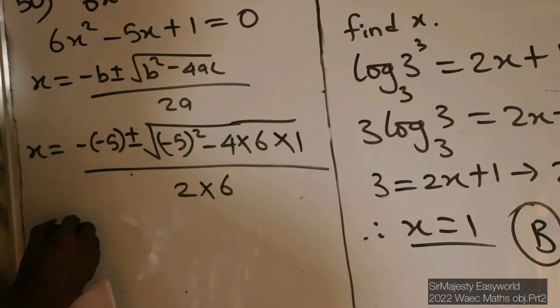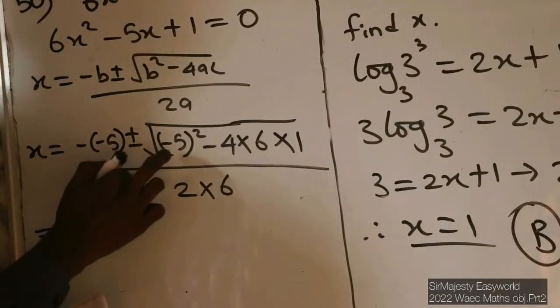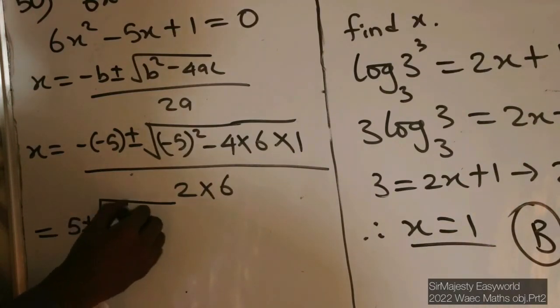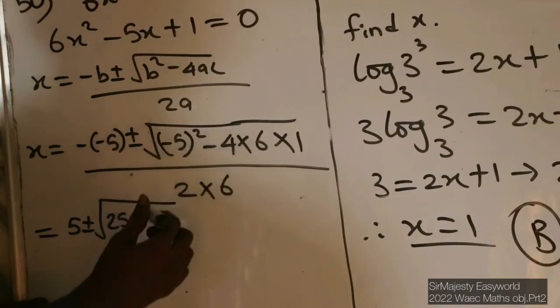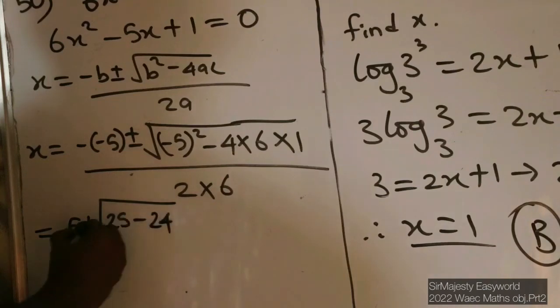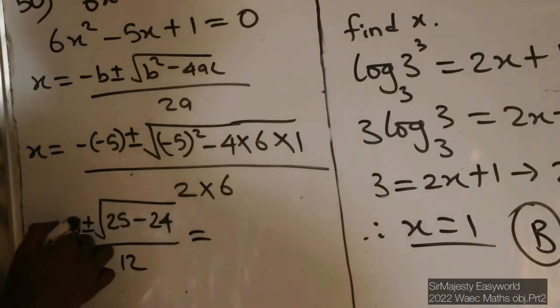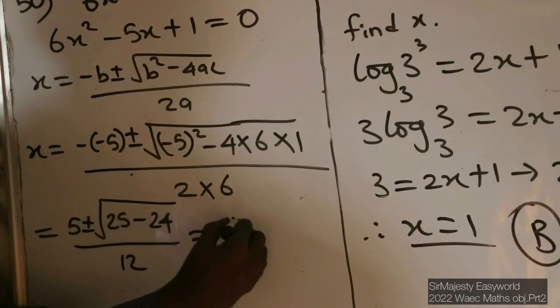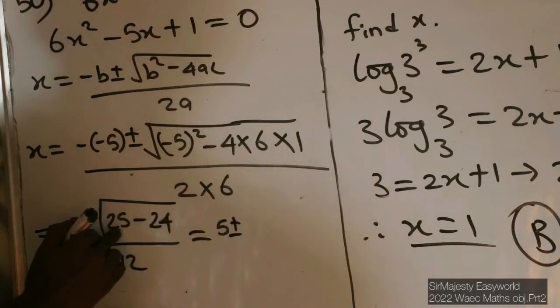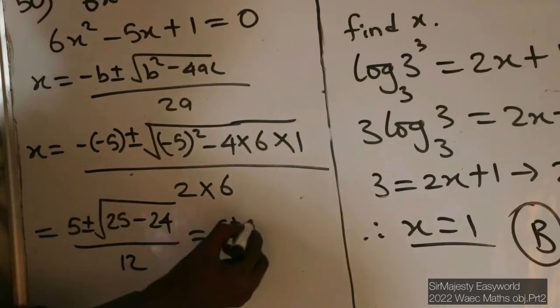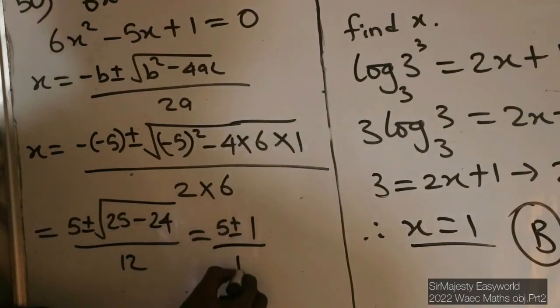Minus minus is plus. 5 squared is 25. 25 minus 4 times 6 is 24. 24 times 1 is 24. So minus 24, all over 2 times 6 is 12. So this is equal to 5 plus or minus the square root of 25 minus 24, which is 1. Square root of 1 is still 1, all over 12.